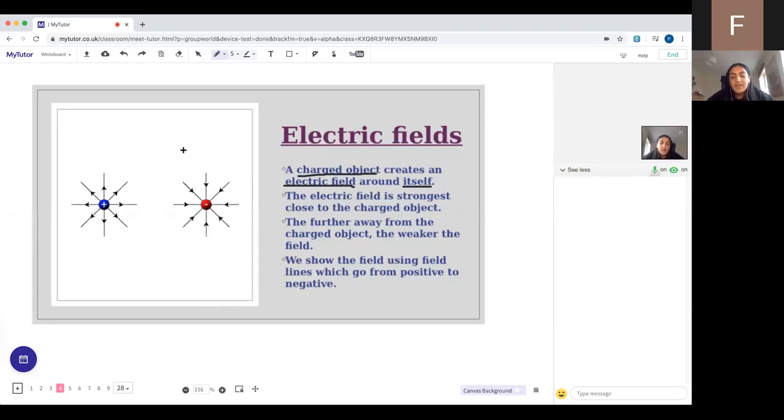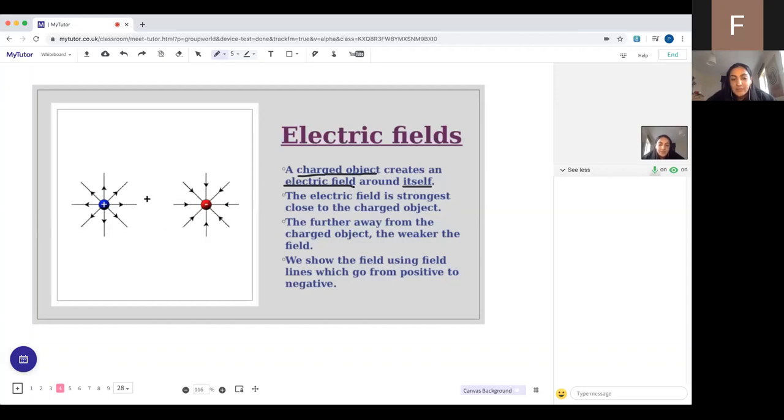The way that we show these electric fields is through electric field lines. Electric field lines are closer together when we're close to the charge and further apart when we're away from the charge. We draw these lines going towards the sphere and away from the sphere.